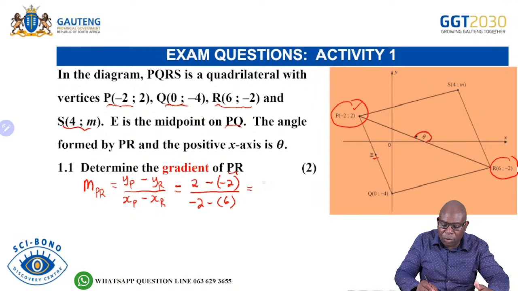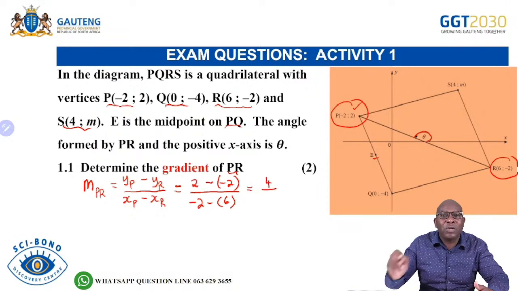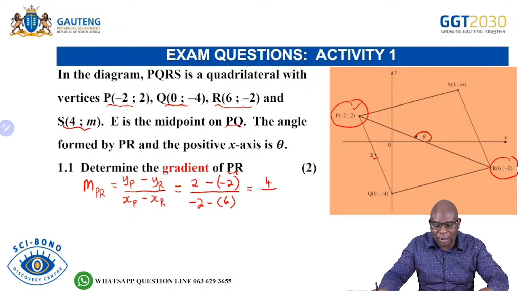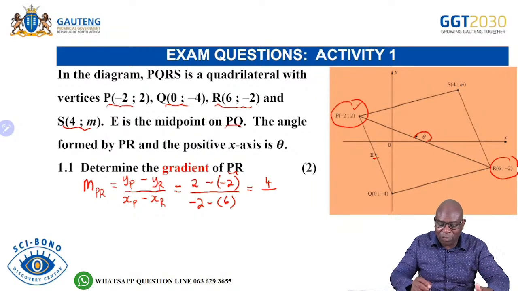So therefore, I'm going to get a 4. From here, please use a calculator so that you don't make mistakes. You're very sure that the answer is correct, and you put it as it is. Otherwise you may have substituted correctly but messed up when adding and subtracting. Use a calculator from here.